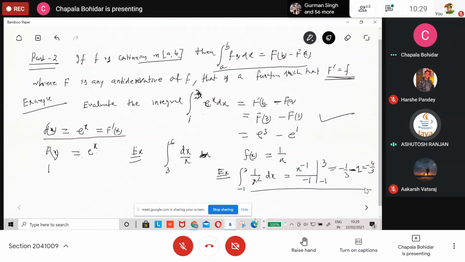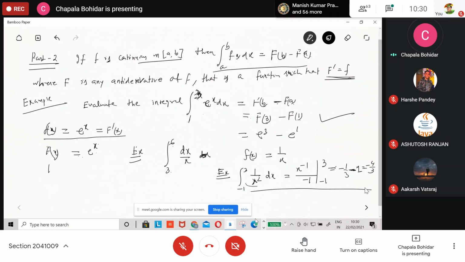Ma'am, 1 by x square is not defined at 0. Yes, 1 by x square is not defined at 0. Our interval is minus 1 to 3, so it is not defined on that interval.